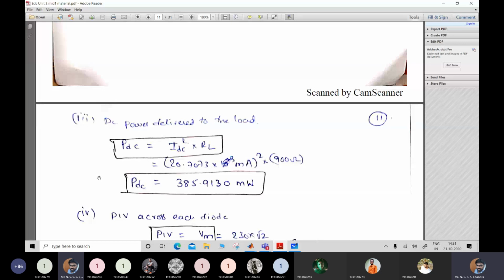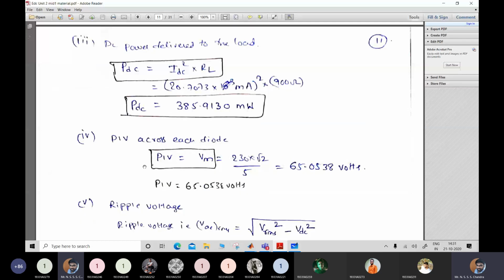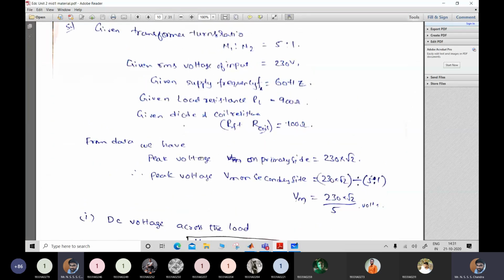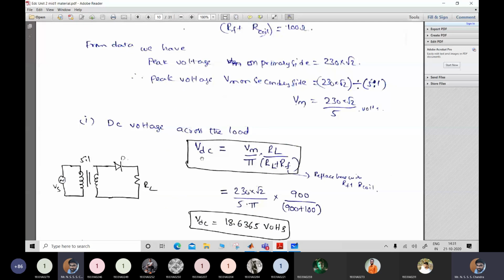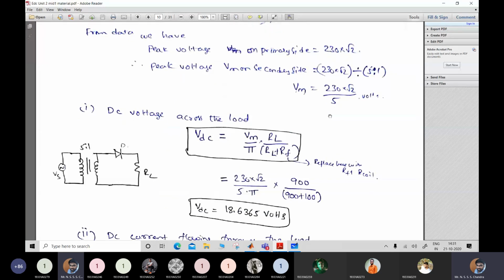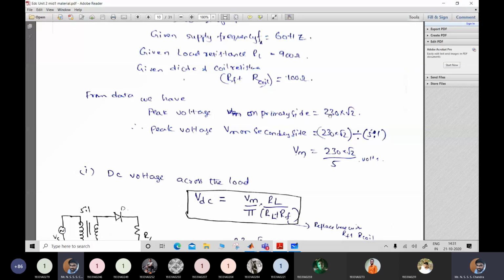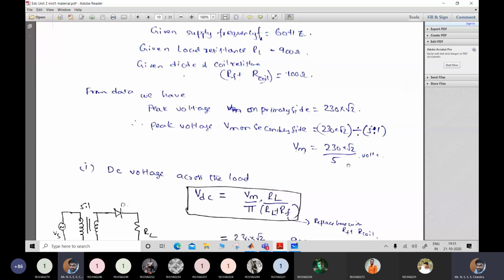And then PAV. So PAV will be equal to Vm. Vm is nothing but the voltage that we have calculated at the secondary of the transformer. At the secondary of the transformer, the voltage you have calculated is 230 into root 2 by 5. So you should not write directly 230 or 230 into root 2. You should write it after including the transformer ratio also.